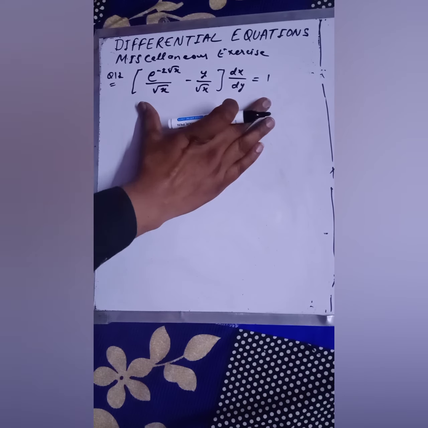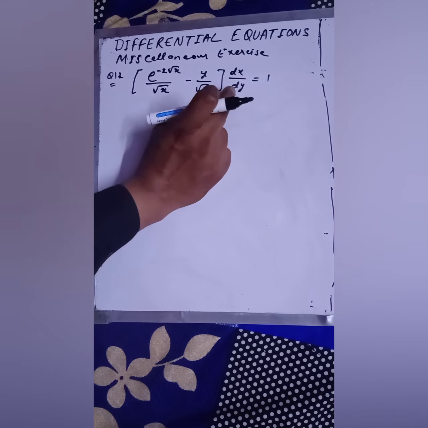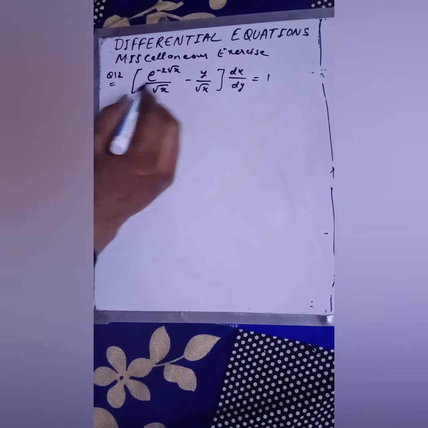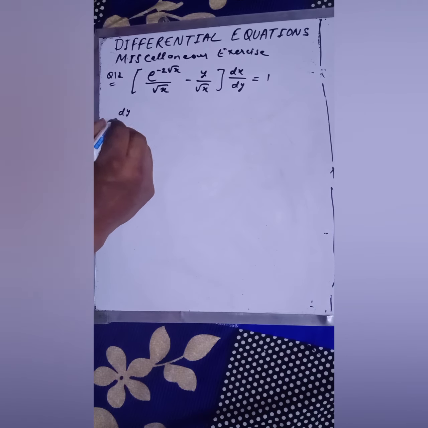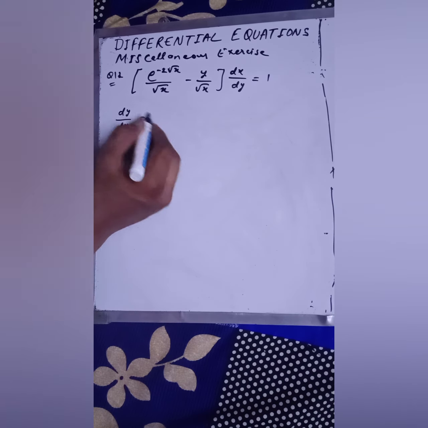This is given to us, and we have to solve this differential equation. Okay, so children, in the next step, first you have to shift this dx by dy to this side, so you will get dy by dx. So I am writing it first.